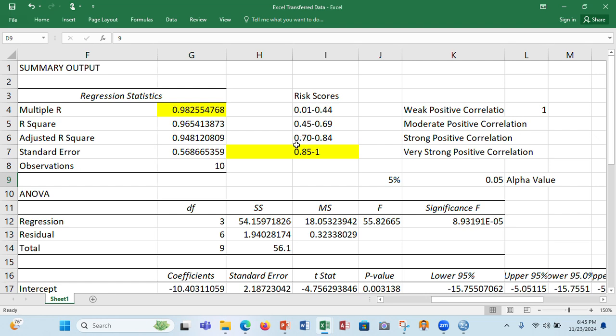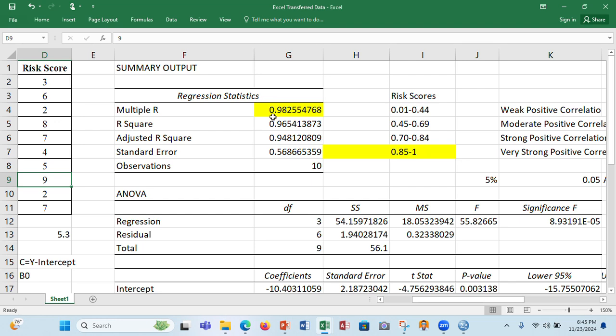If it is 0.70 to 0.84, then it is a strong positive correlation. However, when it is above 0.85 up to 1, which is the maximum probability space that we have, then that is a very strong positive correlation.